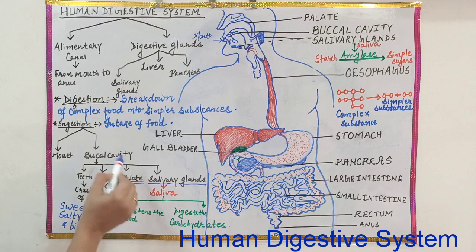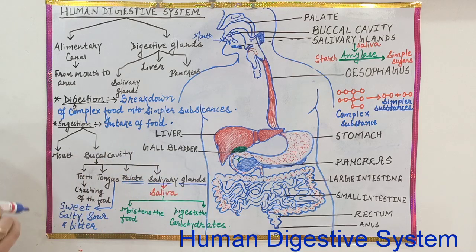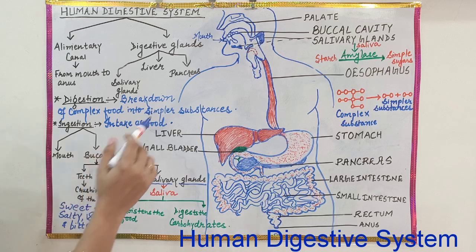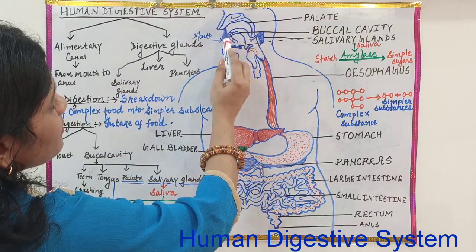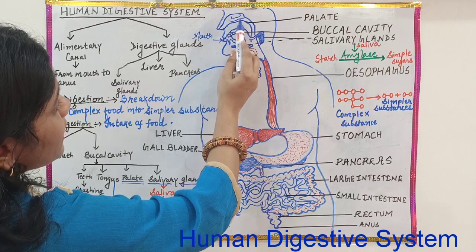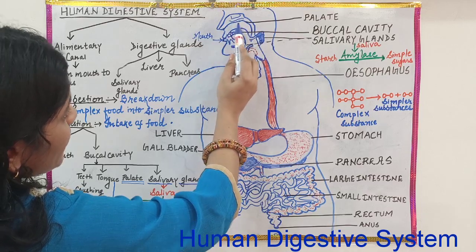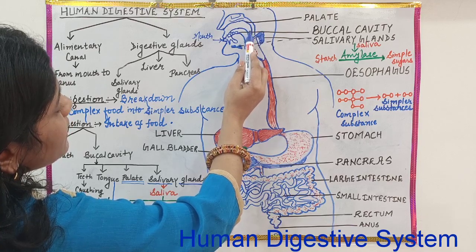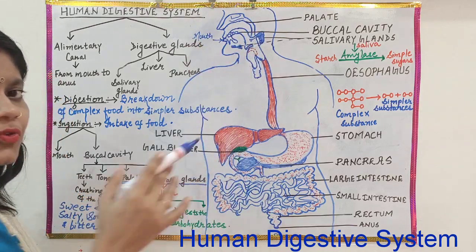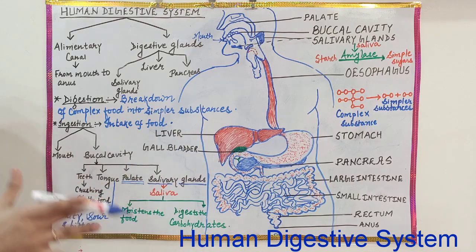You might have observed inside your buccal cavity there is a roof-like structure. The palate is the roof of the buccal cavity which separates the buccal cavity from the nasal cavity. So when you are taking in the food, the soft palate closes the nasal cavity so that the food is prevented from going into the nasal cavity.